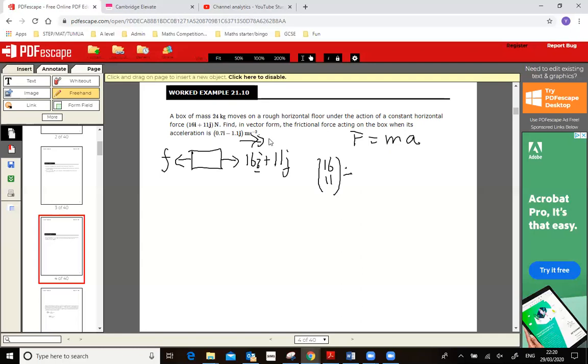Now we can either write plus or take away, it's up to you. But let's say we're going to put plus little f for frictional force. And that equals m, which is 24 kilograms, so 24 times the acceleration. Again, in column vector form, that would just be 0.7 and negative 1.1.